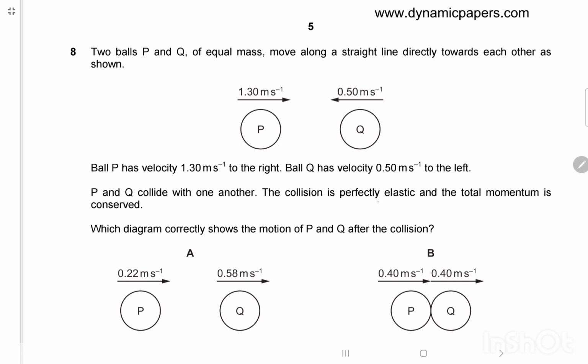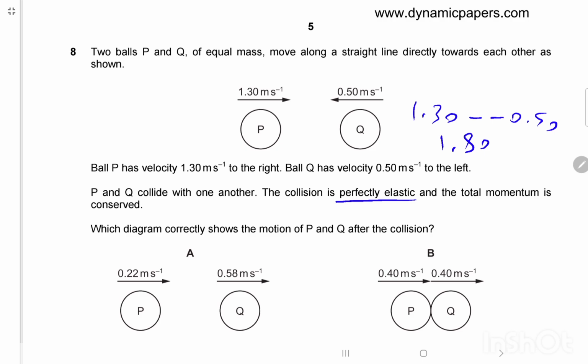So if you note here, the collision is perfectly elastic. This means the relative speed of approach must equal the relative speed of separation. So the relative speed of approach, we can find it from the diagram here. So we can see 1.30 minus 0.50, and this is 1.80.